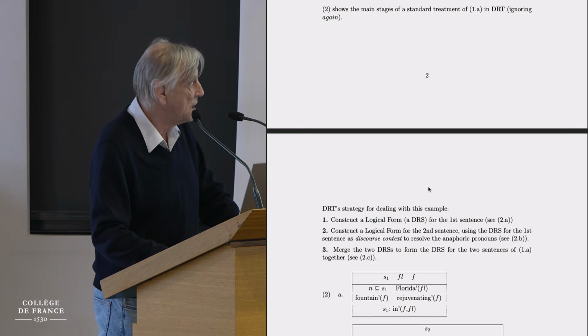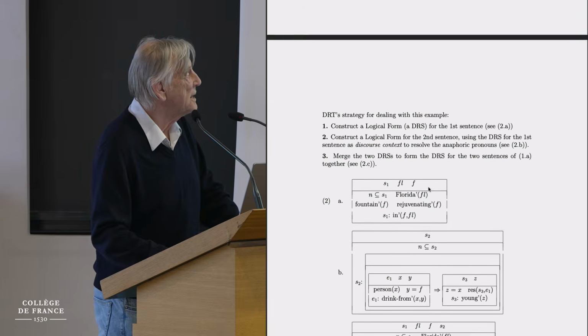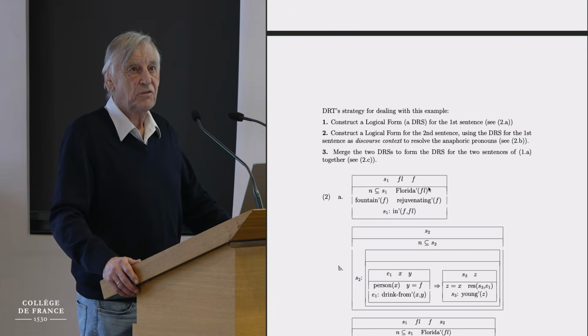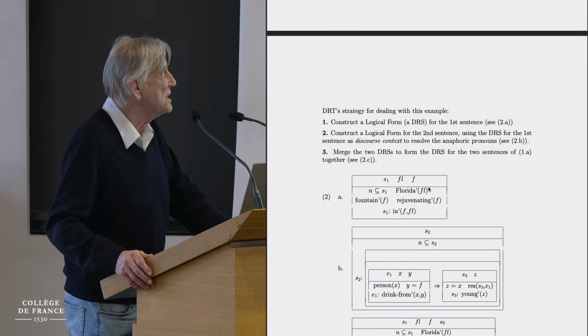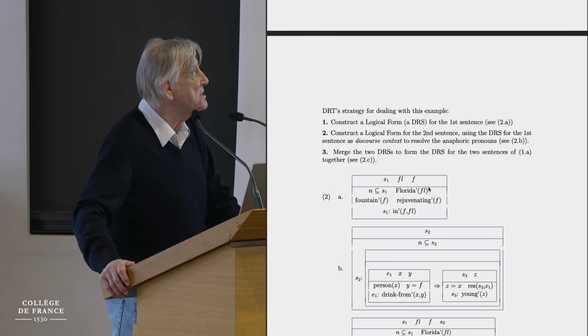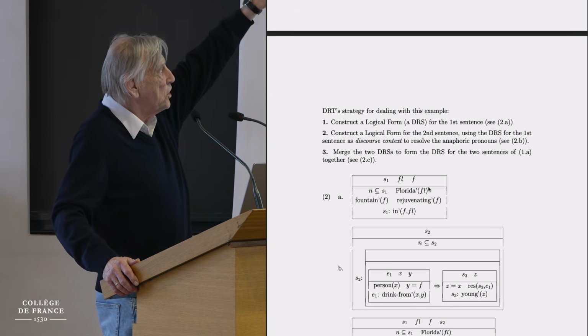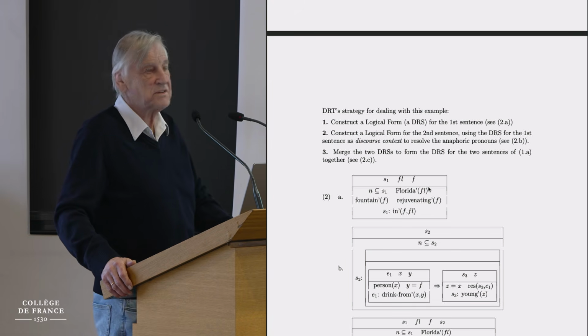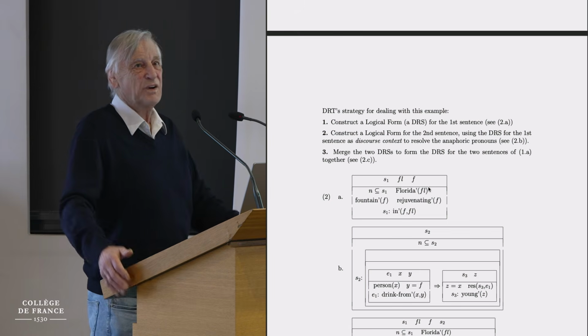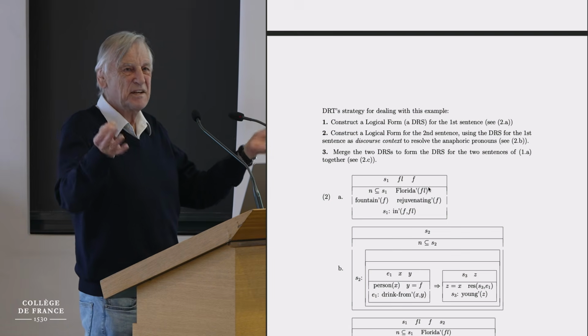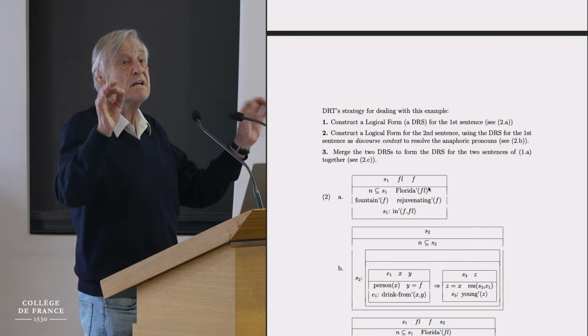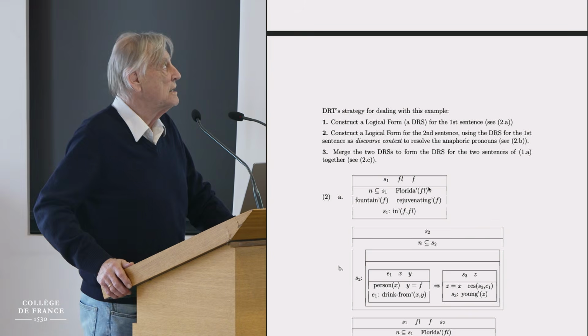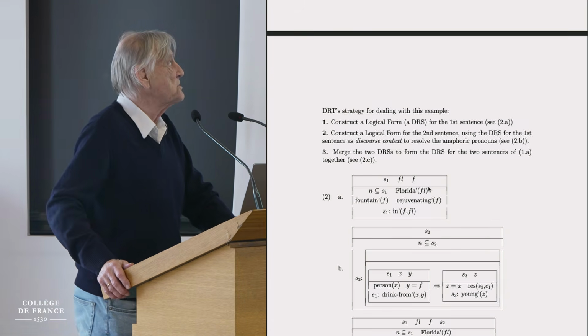And in 2a, you have the logical form that I'm assuming here for the first sentence. It's a discourse representation structure with, at the top, so-called discourse referents. These are to be thought of as, in some sense, representing individuals that this discourse talks about.